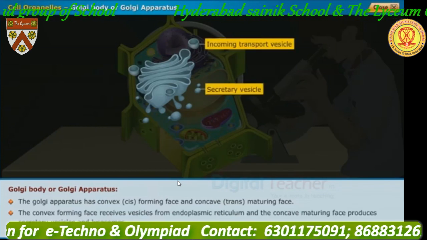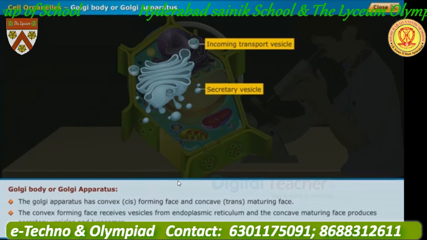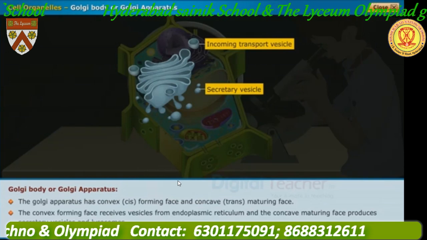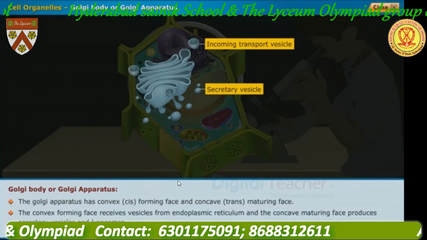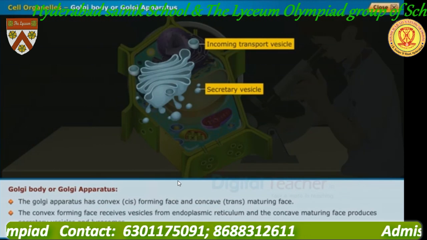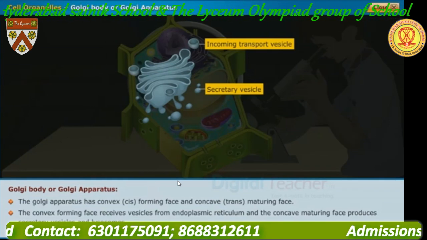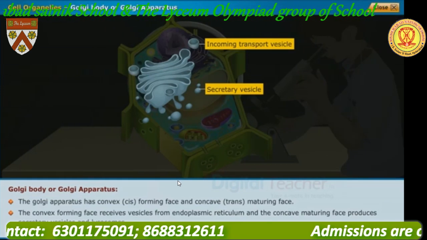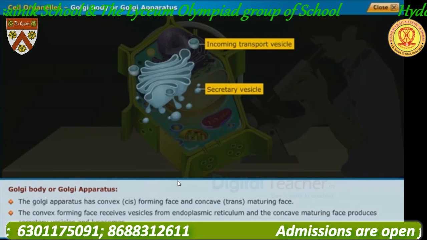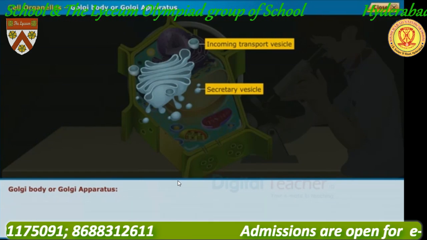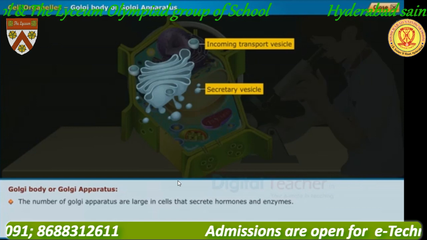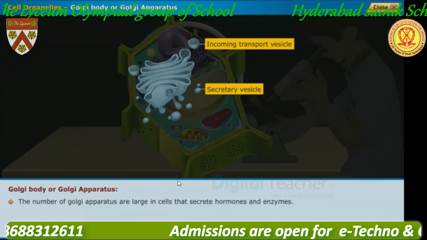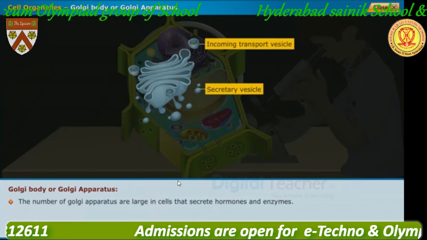The convex forming phase receives vesicles from endoplasmic reticulum, and the concave maturing phase produces secretory vesicles and lysosomes. The number of Golgi bodies varies from cell to cell. The number of Golgi apparatus is large in cells that secrete hormones and enzymes.